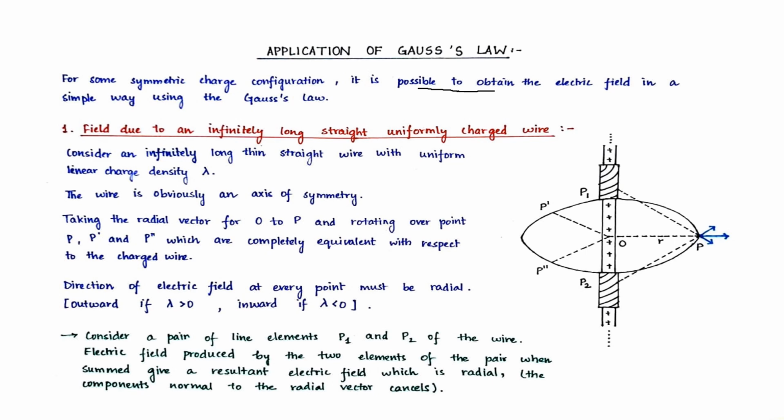If these simple configurations are uniform shapes, then the calculation of Gauss's law becomes easier.